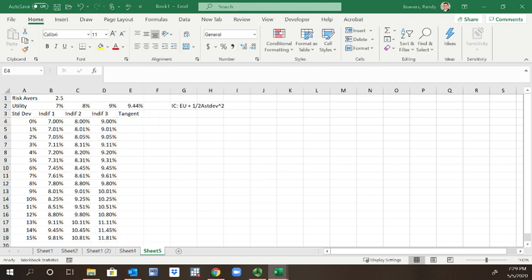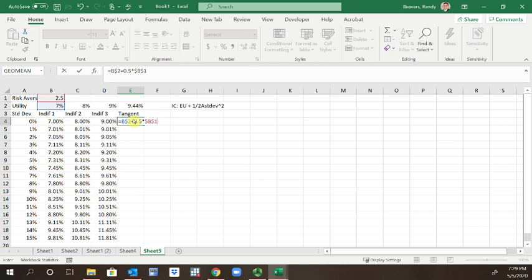The tangent line formula, or for the tangent curve, is equal to A2, just anchoring the dollar sign, B dollar sign 2, plus 0.5 times B1 anchored plus dollar sign A4 caret 2.